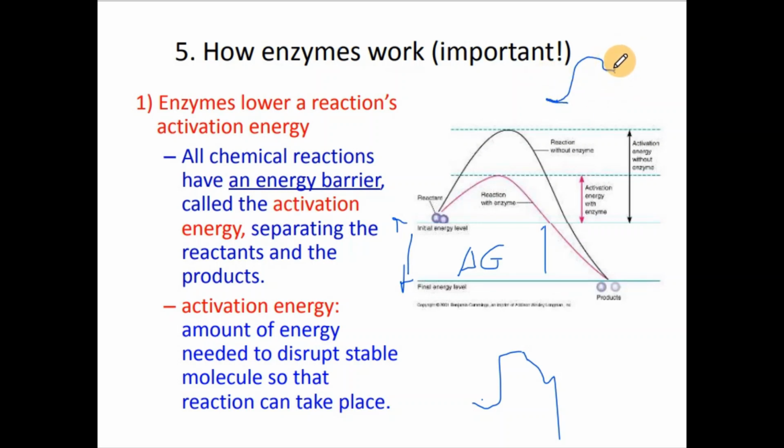Here the product energy is higher than the reactant energy, hence the difference gives a positive value. The difference between the reactant and the product energy is what we call the change in delta G, where G is the Gibbs free energy contained in each of the compounds.